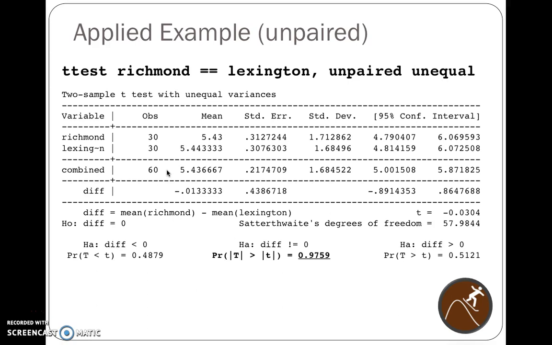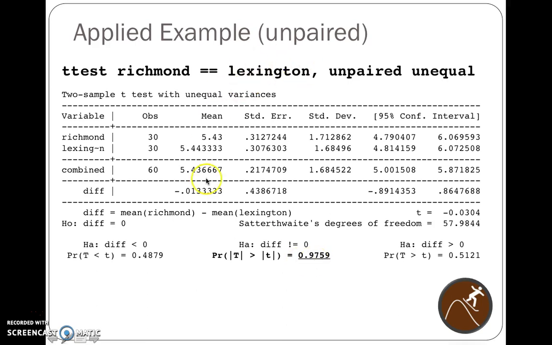It's the same command, t-test Richmond equals Lexington, and then it'll say unpaired, and I selected unequal variance. And again, we get a p-value of 0.9759, saying that the Richmond overall mean versus the Lexington overall mean are not significantly different. So a little variation.